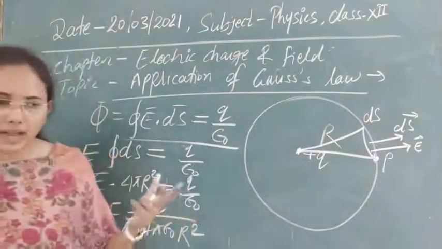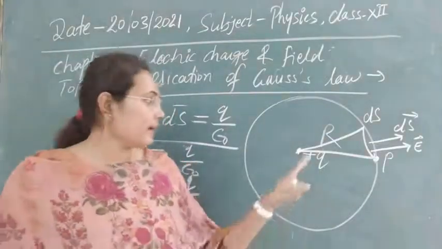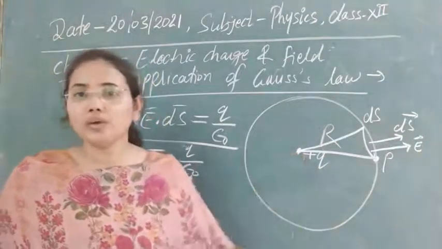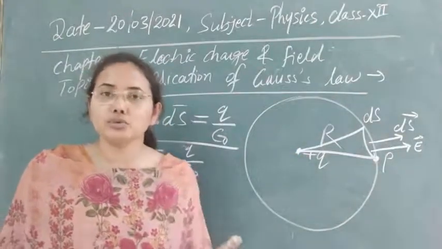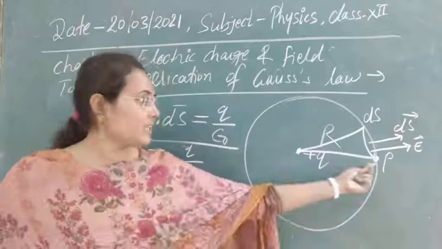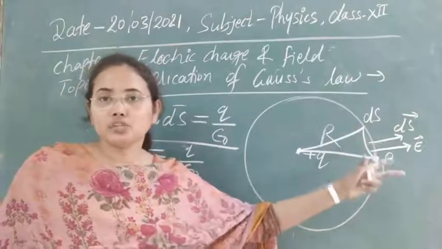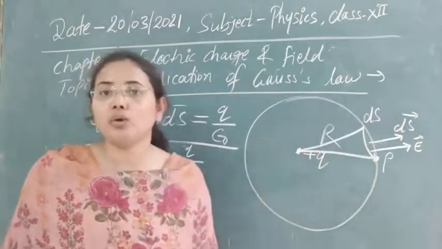And you know that if we have to calculate the force that this charge will apply on any test charge q0, suppose we are just keeping it at the point P, then it will experience a Coulomb force.